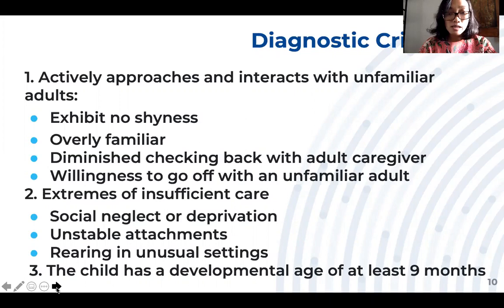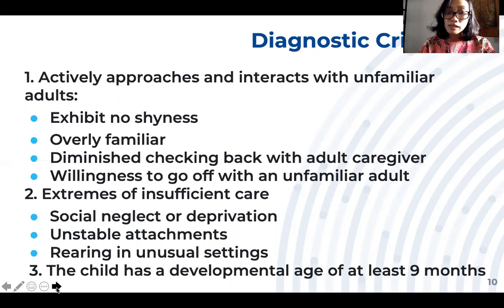Again, these children experience extremely insufficient care to be diagnosed with DSED. So it includes social neglect or deprivation, the same as RAD. That is, a persistent lack of having basic emotional needs for comfort, stimulation, and affection met by the caregiver.